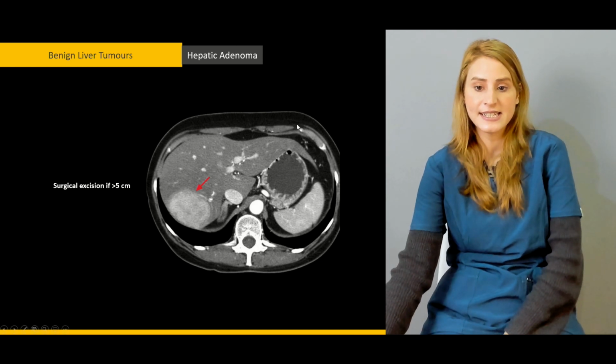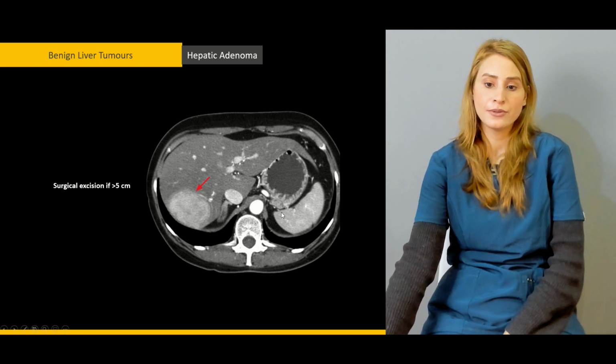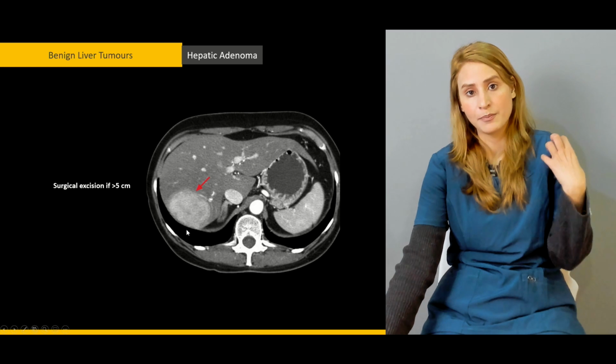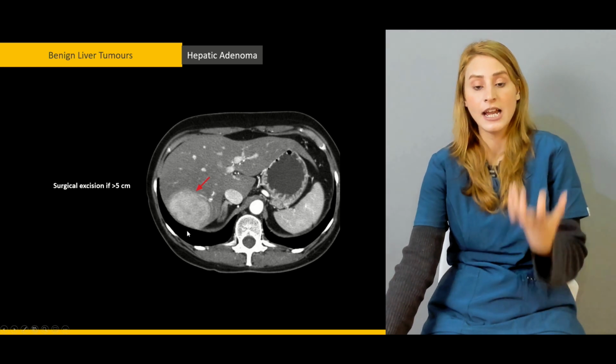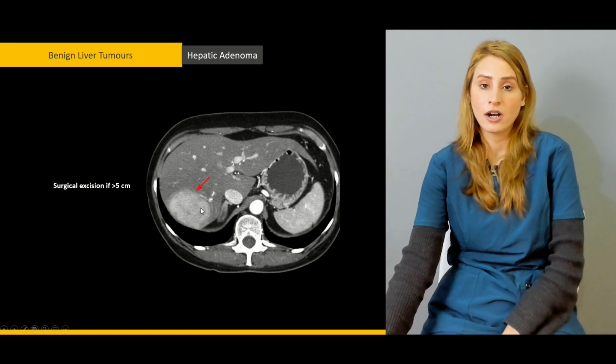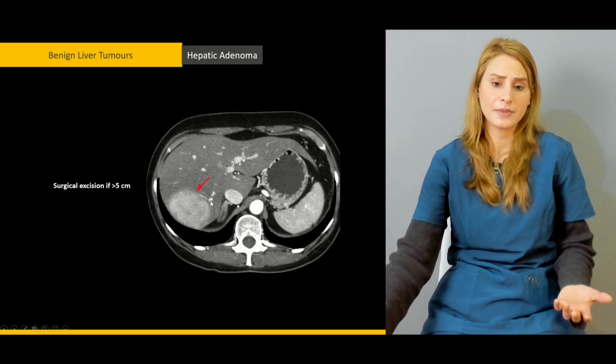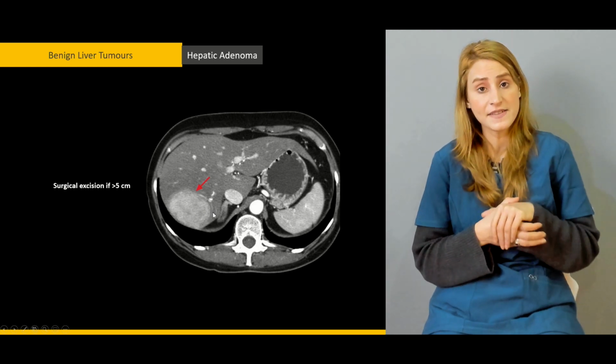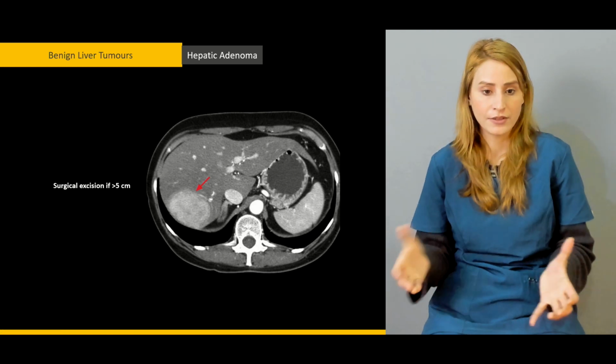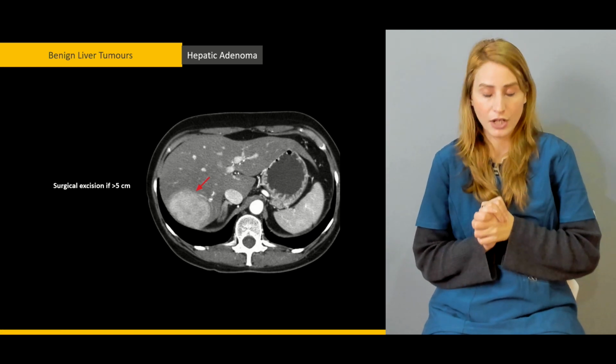So this is again the CT, which is showing you this is the part of the spleen and this is the liver, and you can appreciate that just the lower part of the right lobe of the liver is being occupied by the hepatic adenoma. And if the tumor is less than 5 centimeter, then surgical excision is not required.